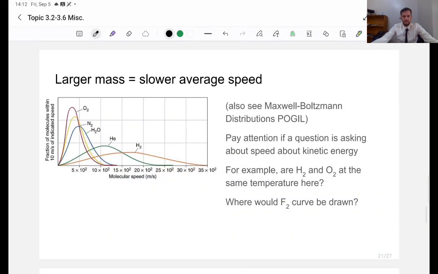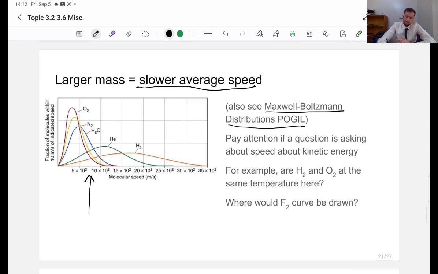Another application of this is if we're looking at a graph like this, larger mass means a slower average speed. All these gases, as you can see here, are at the same temperature, but the larger the mass, the slower the average speed, and the more bunched up the speeds of the particles are. Now, we've already talked about this, or we'll talk about it in the Maxwell-Boltzmann distribution focal.